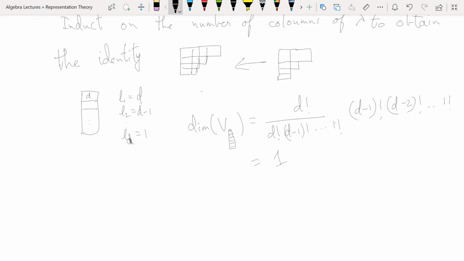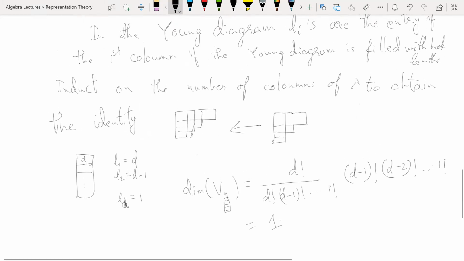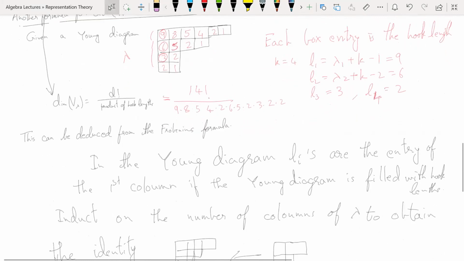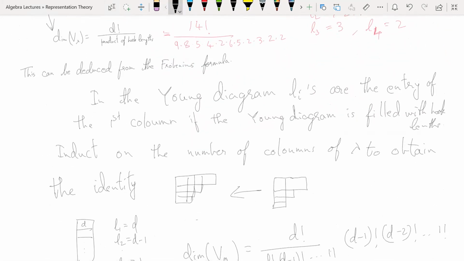So for a single column we have verified it, and then you'd use this induction to go from one to the other. This part you just have to check that it works out.